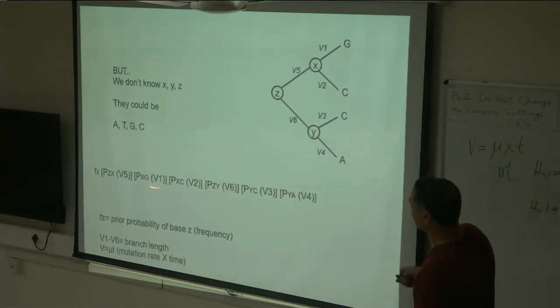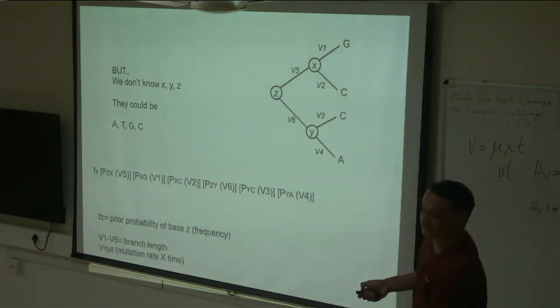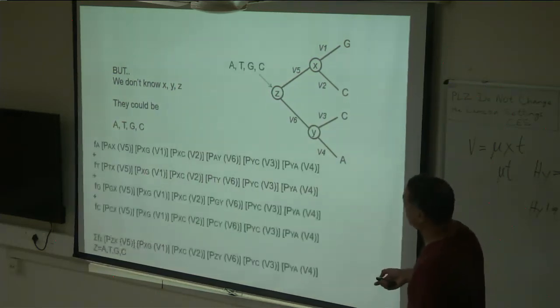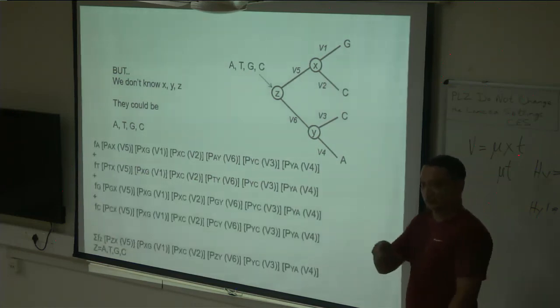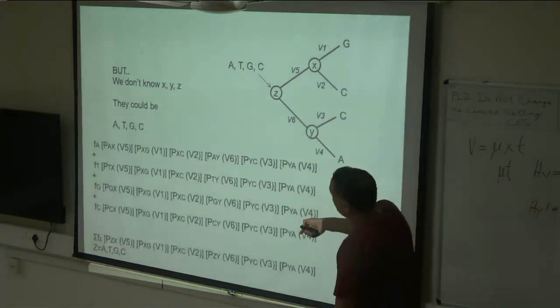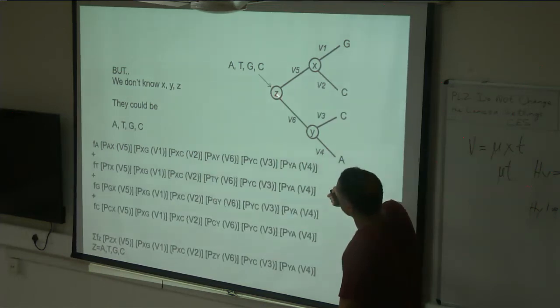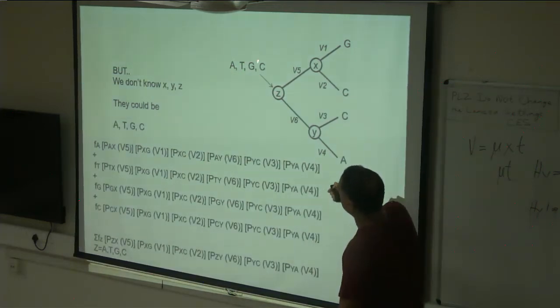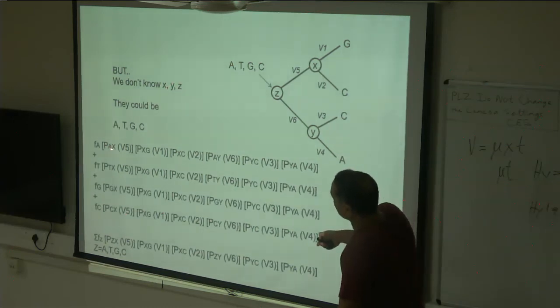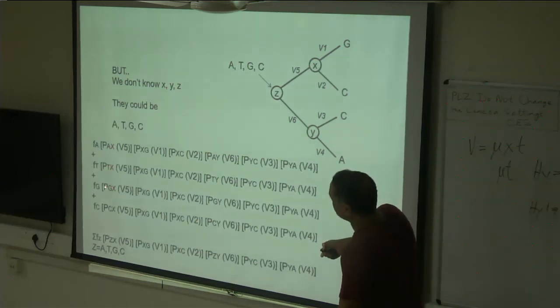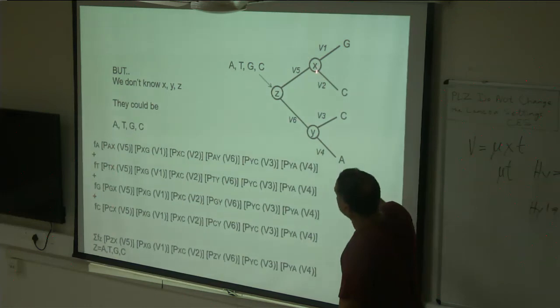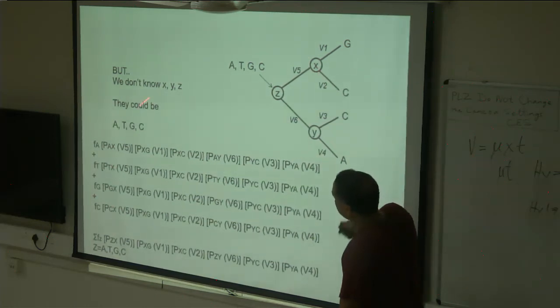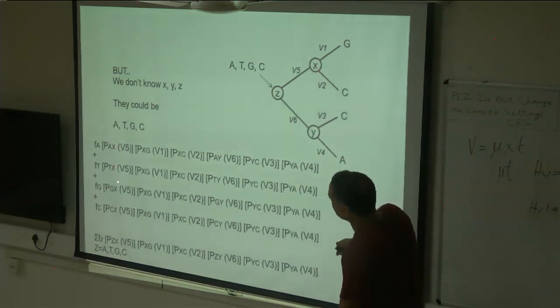So as I said, X, Y, and Z could be A, T, G, and C. Basically, we have to try out all combinations, and that's a lot. Just to walk you through one possibility, this, for example, can be A, T, G, and C. We still haven't plugged in anything, that's why I still have an X there.